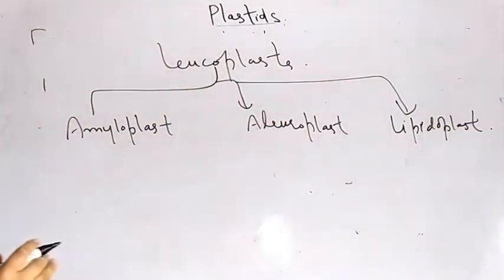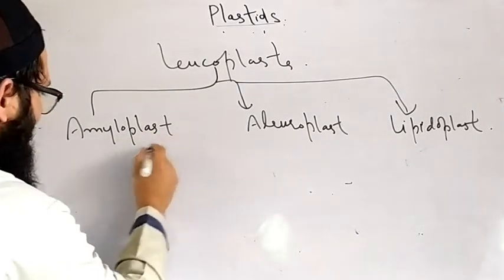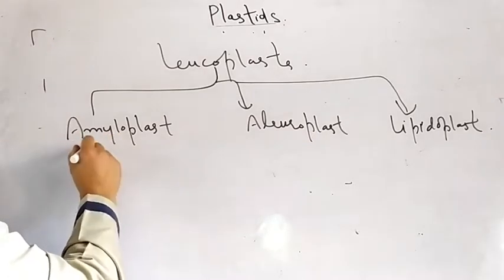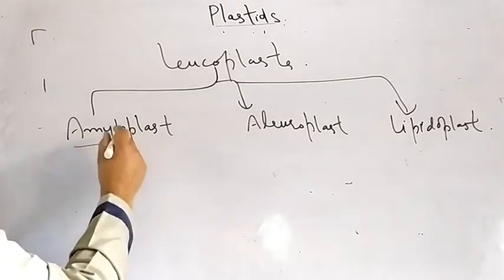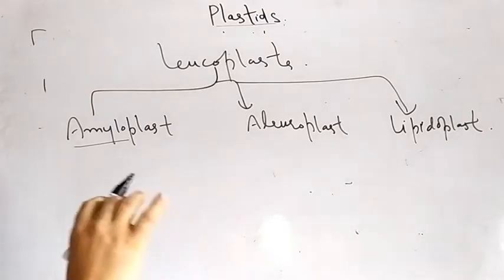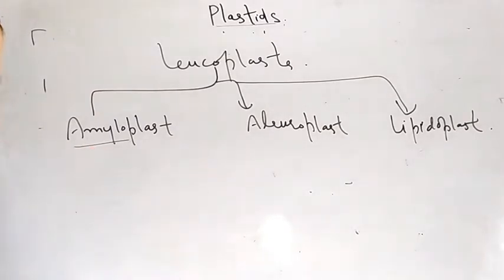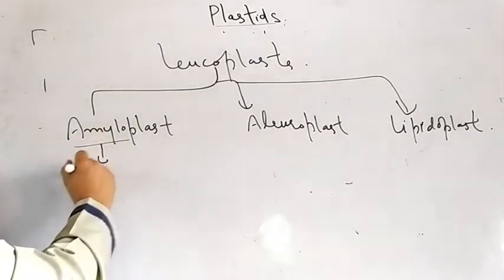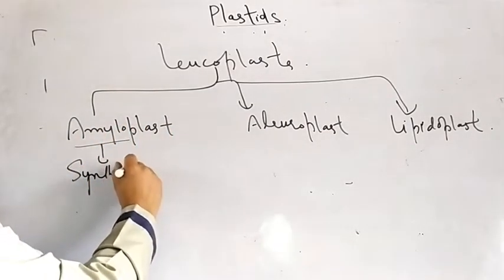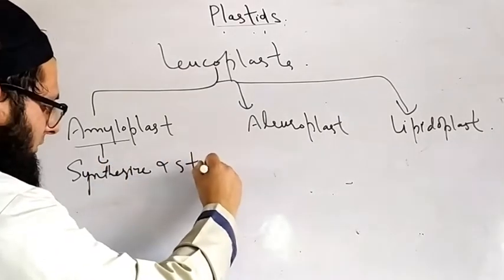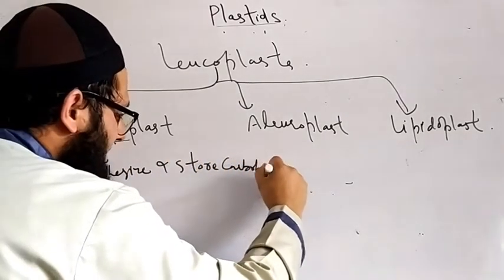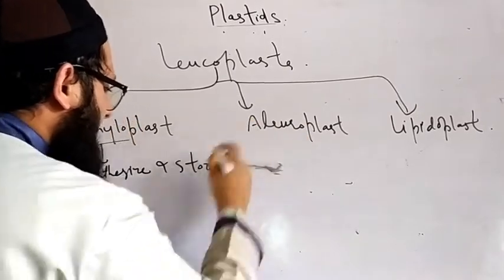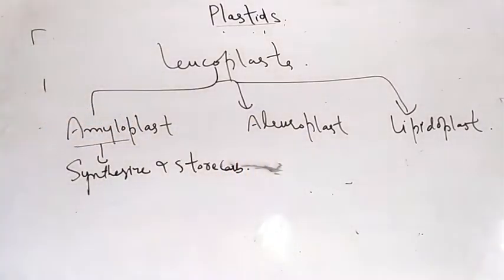So these are three types of the leucoplasts according to the type of food they store. Amyloplasts: amylo means, as you must recall, salivary amylase, amylase, amylopectin, these are different types of carbohydrates. So this must synthesize and store carbohydrates, or starch, we can write starch over there.